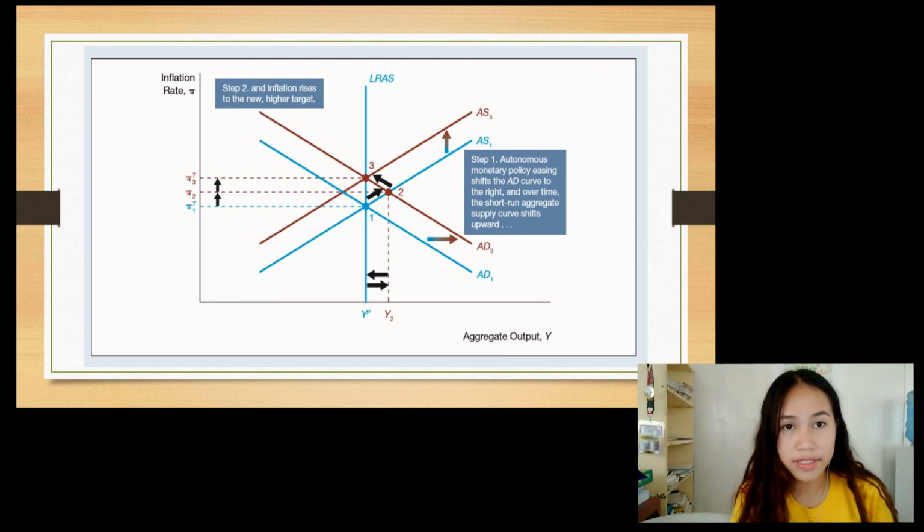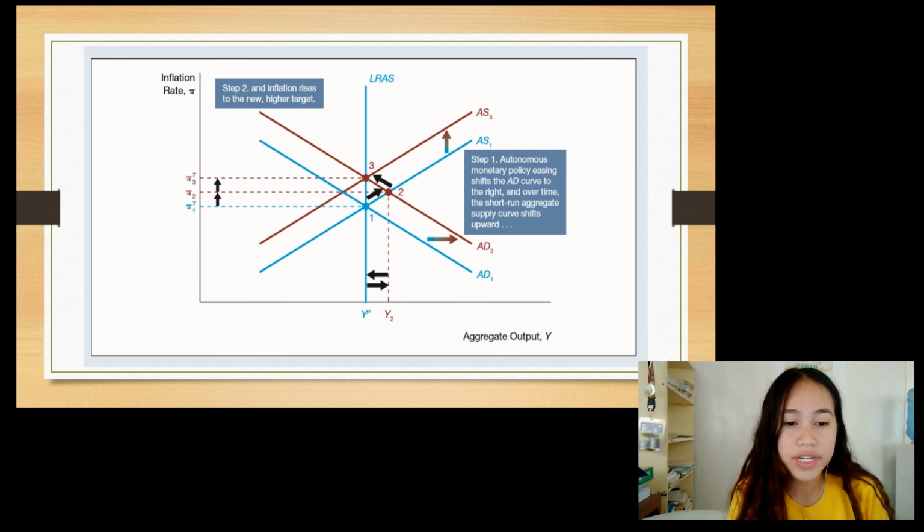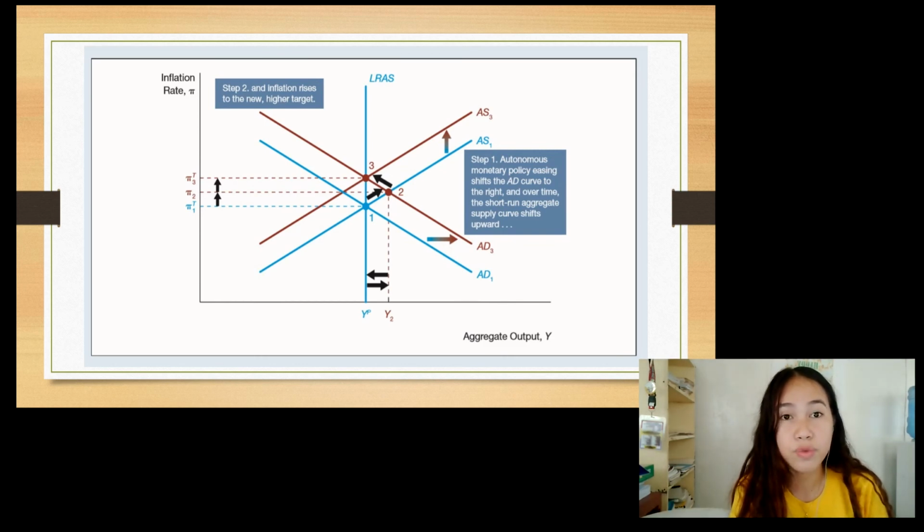In Figure 8, the aggregate demand curve shifts to AD3 because aggregate output is above potential output, Y2 greater than YP. The short-run aggregate supply curve would shift up and to the left, eventually stopping at AS3, with the economy moving to point 3, where inflation is at the higher target level and the output gap is back to 0.